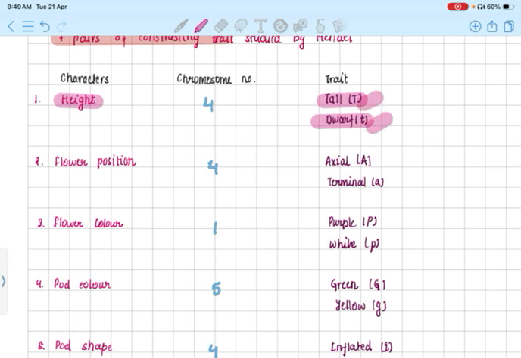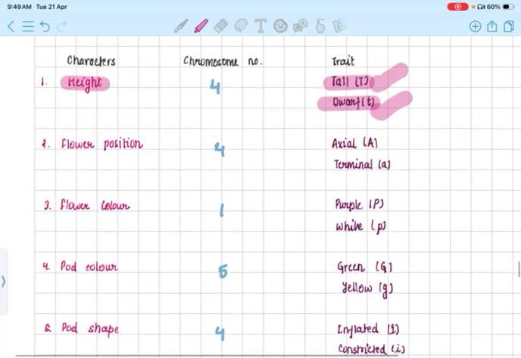The small letter in genetics always represents a recessive character, and the capital letter always represents the dominant character. So I have written capital T, meaning tall is dominant, and small t for dwarf, meaning dwarf is a recessive character. Now, this plant height gene was present on chromosome number 4.